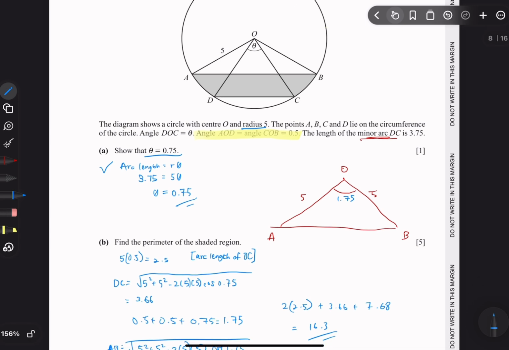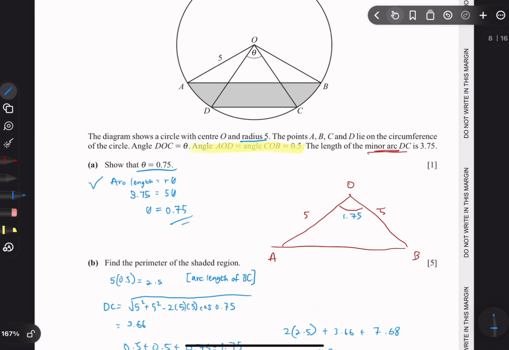Okay, so you want the area of the same region once again, and you can actually just take the sector AOB minus this triangle and this part, and you can get the area of this.